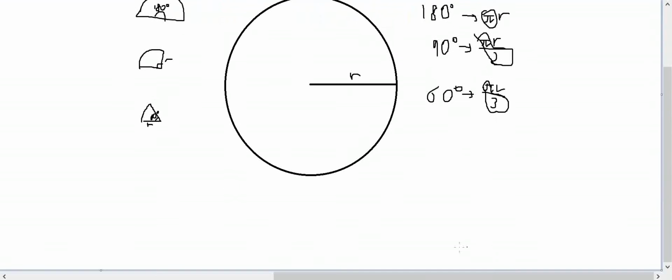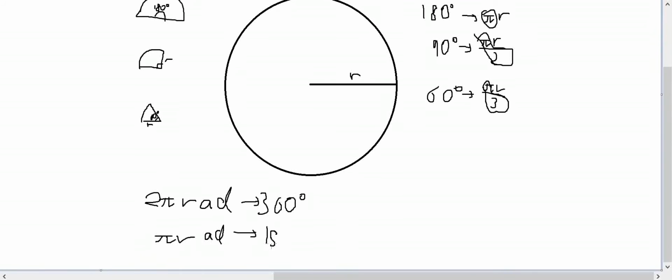Alright, 2 pi radians, I'm talking about radians now. So 2 pi radians corresponds to 360 degrees. Pi radians corresponds to 180 degrees.